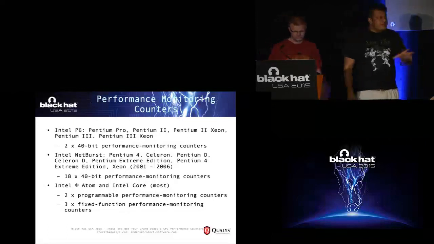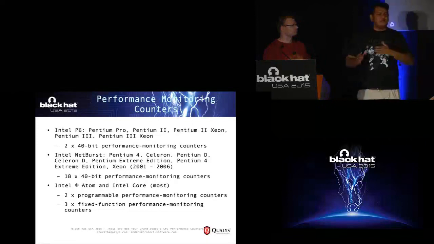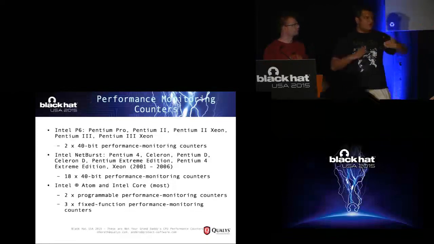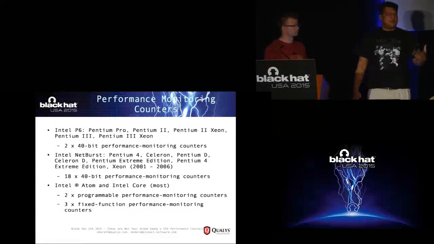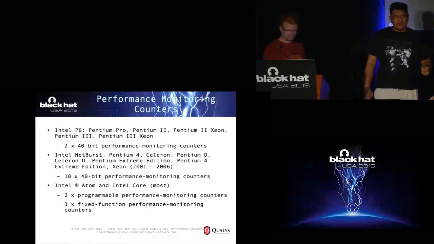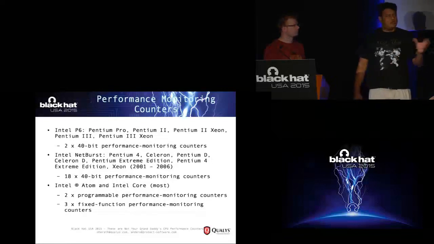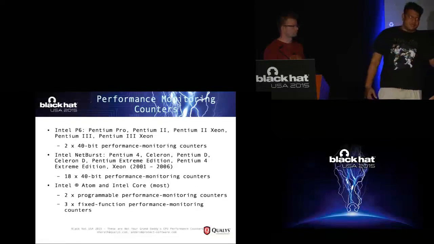So there is some variation in the silicon implementation of these things. So this feature set is not consistent across all the Intel hardware. So when you're implementing some of these things, you need to take into account which actual hardware you're running on, which CPU you're running on, and then query the CPU to see what features are available to you, and start using the performance monitoring features that are present in that CPU.